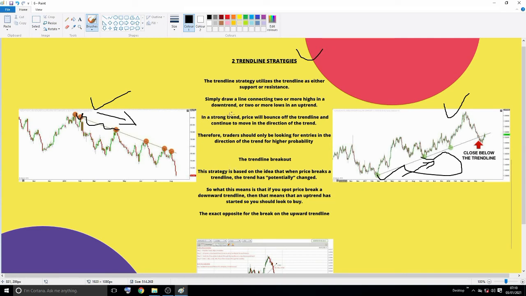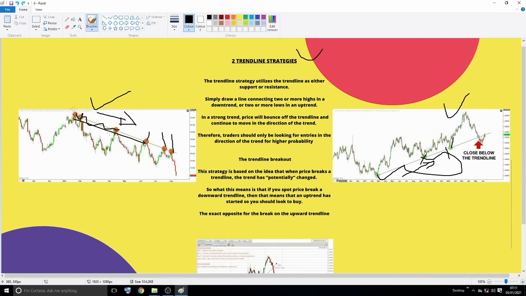In a strong trend, price will bounce off the trend line and continue to move in that direction. As you can see, this is a strong trend. The price kept on bouncing off these levels, and also here the price kept on bouncing off. It bounced off here, and then when it came back, it broke here. I will explain that. Therefore, traders should only be looking for entries in the direction of a trend for higher probability.